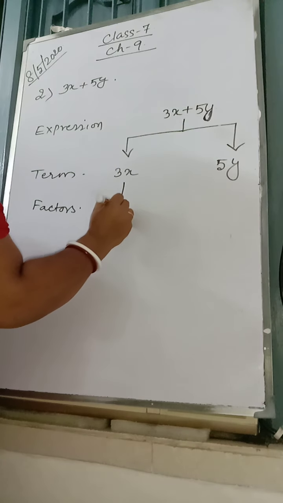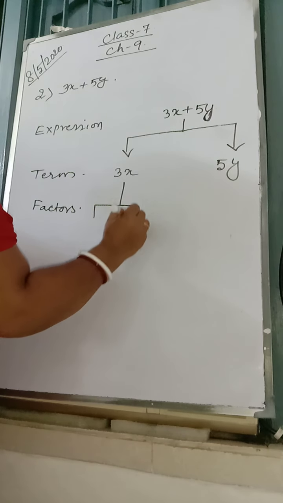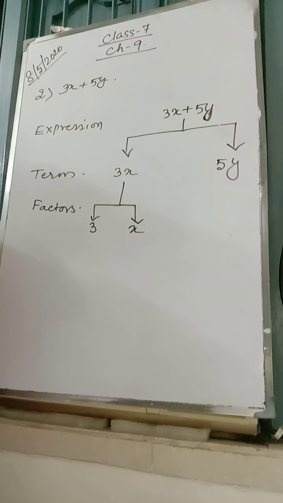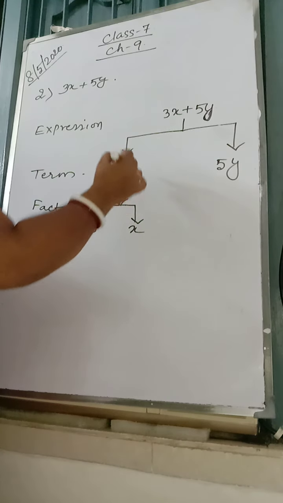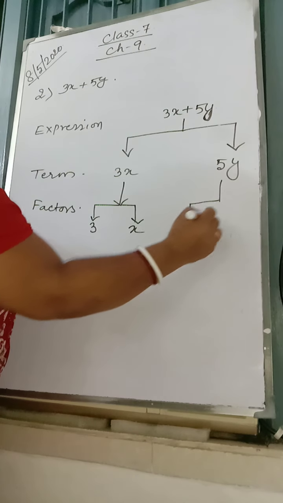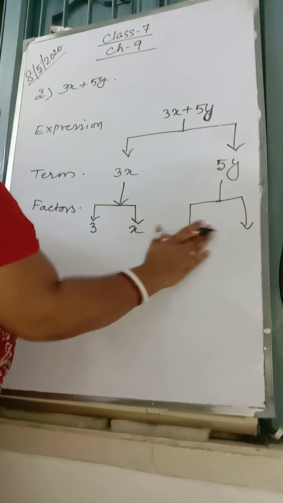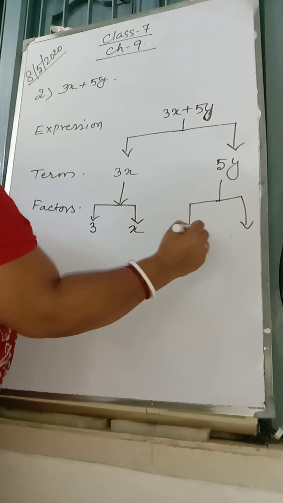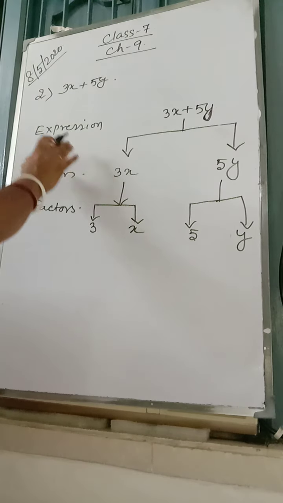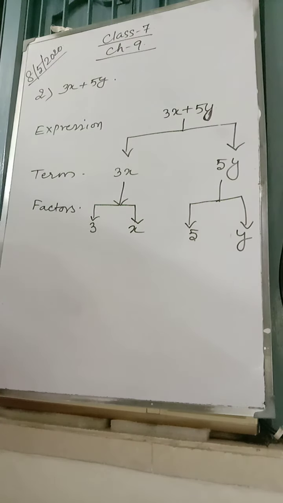That comes again as factors. 3x is a product of 3 and x, so the factors are 3 and x. And 5y is a product of 5 and y. This much work you have to do. First you have to write the expression, then break it into terms, then next break it into factors.